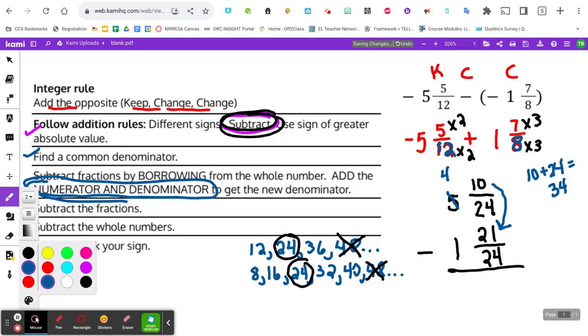So this 10 becomes a 34. So now I have to go 34 minus 21. 4 minus 1 is 3. And then 3 minus 2 is 1. And then the denominator stays the same.